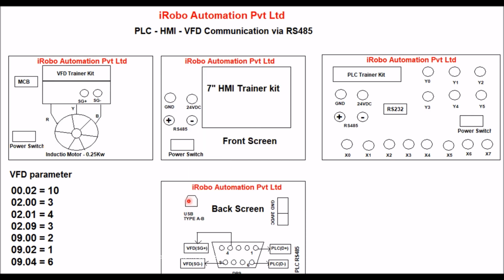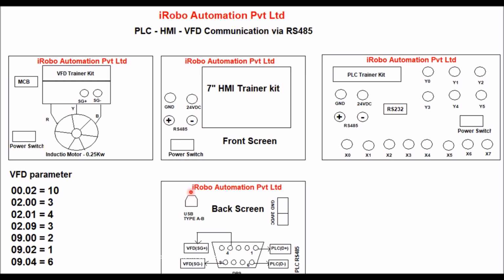I'm going to use this USB type AB cable, for example a printer cable, connected to the HMI from the PC. With this connection, I'm going to download the screen from the HMI software so that the HMI will be updated with your screen. So first you have to download using that cable.